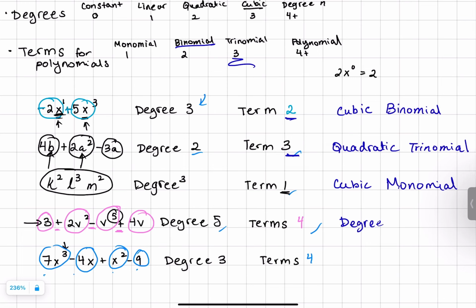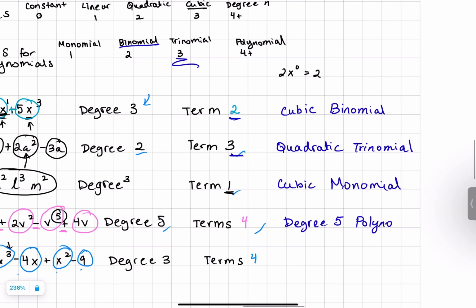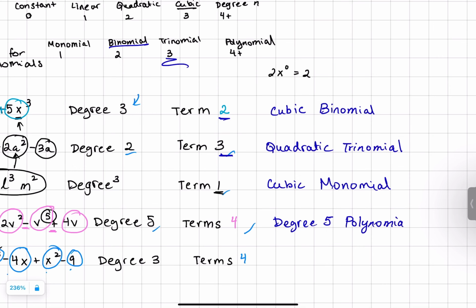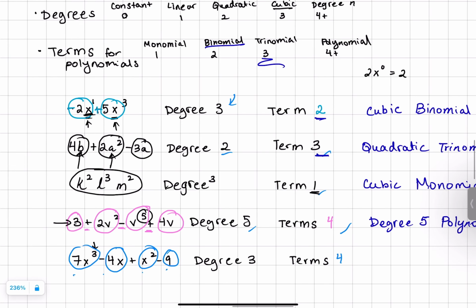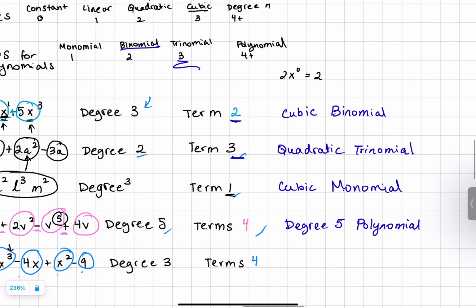So this is a degree of 5. Polynomial. Since it has 4 or more terms, we say polynomial. Great. For our last one, it has a degree of 3 again. Cubic. And it has 4 terms. So it would be cubic polynomial.